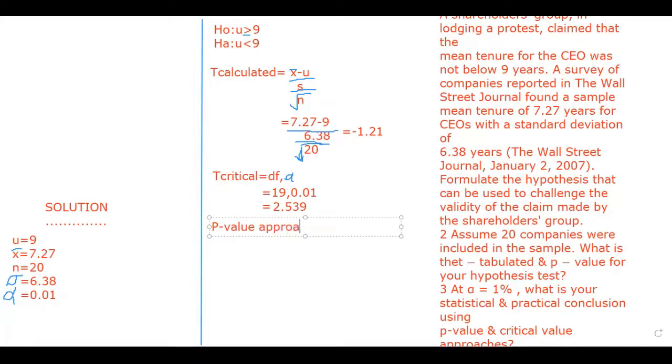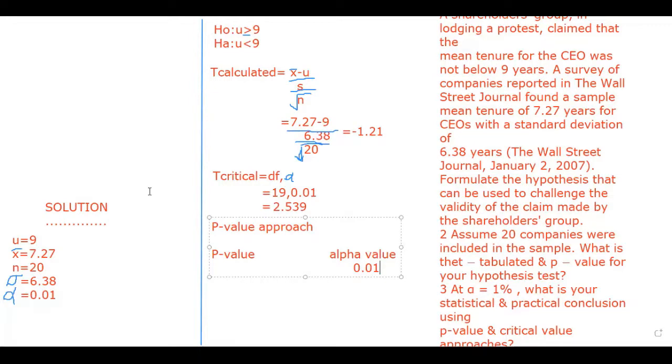I think we know all of them. So what's our p-value? We are now going to find it on the table. The test statistic was 1.21, alpha is 0.01. We take the absolute value, so 1.21, right?